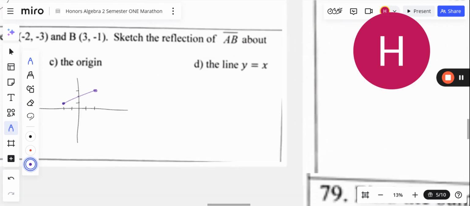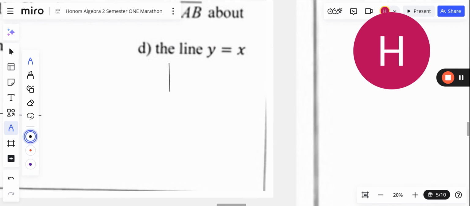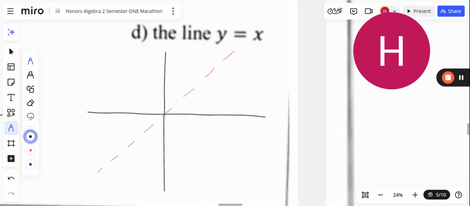And lastly, we're going to flip it over the line y = x. And to do that one, we simply switch the x and the y. So let's draw the y = x line for reference. -2, -3 is going to switch to -3, -2. See, this point, which was originally below this line, is now reflected on the other side of the line.